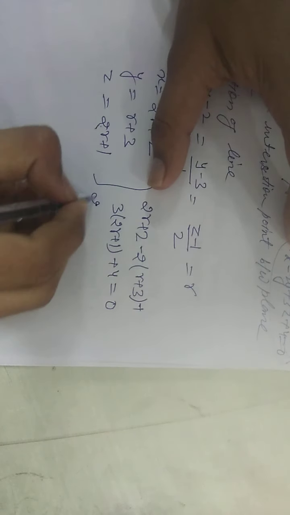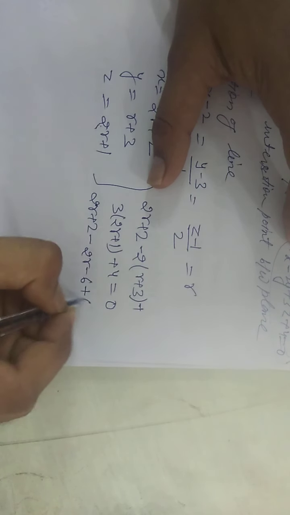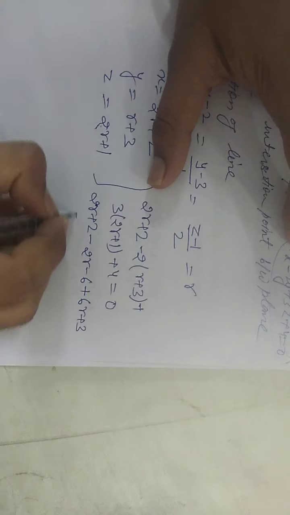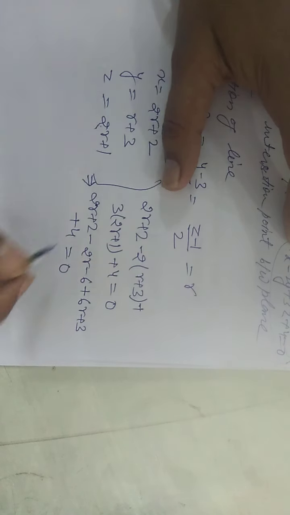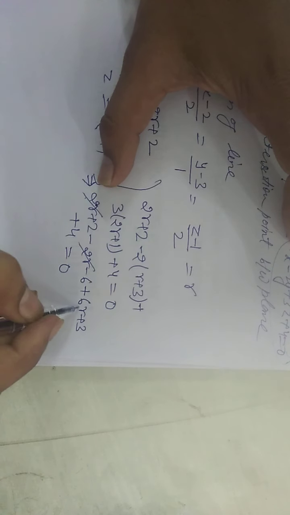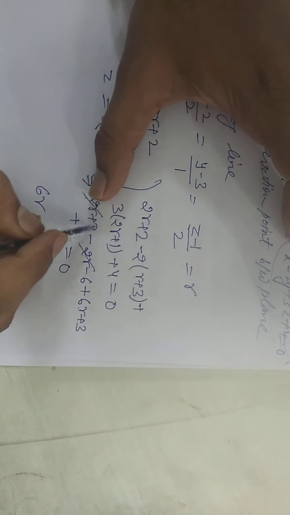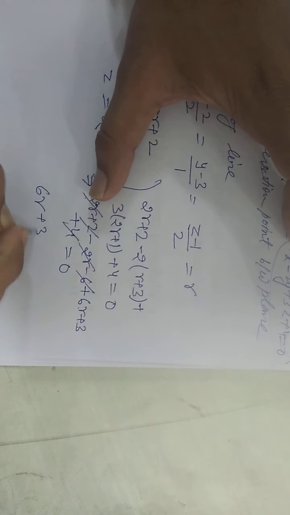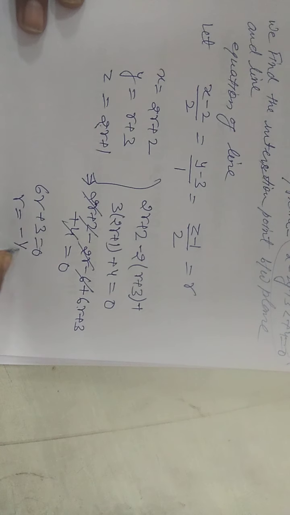Then 2r plus 2 minus 2r minus 6 plus 6r plus 3 plus 4 equal to 0. So 2r and 2r cancel, plus 6r, and 2 minus 6 plus 3 plus 4 gives 3, so 6r plus 3 equal to 0. So r equal to minus 1/2.